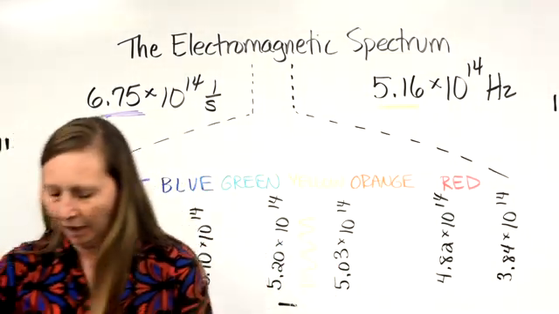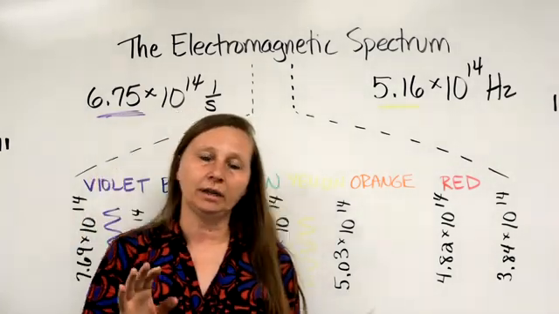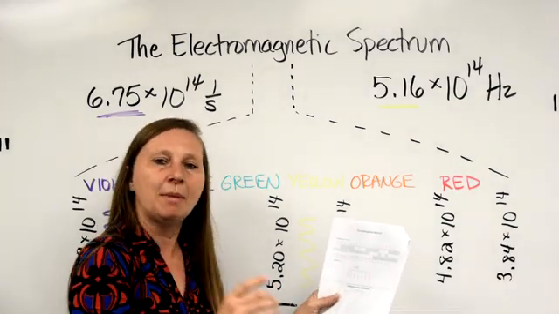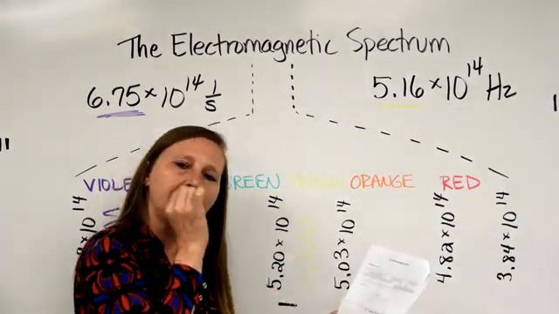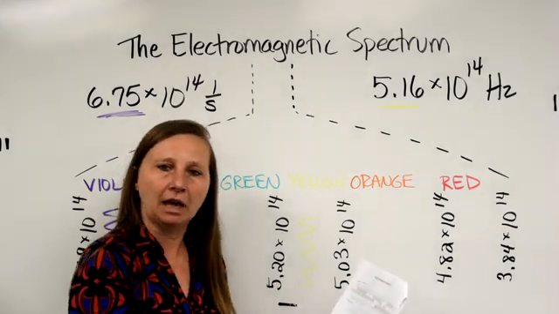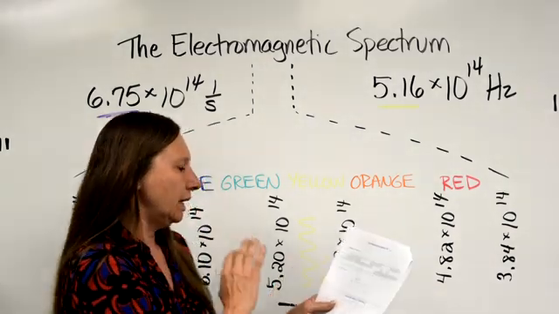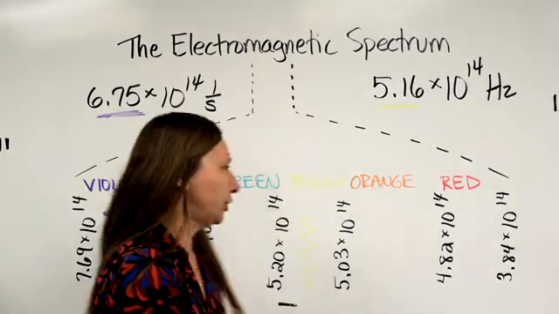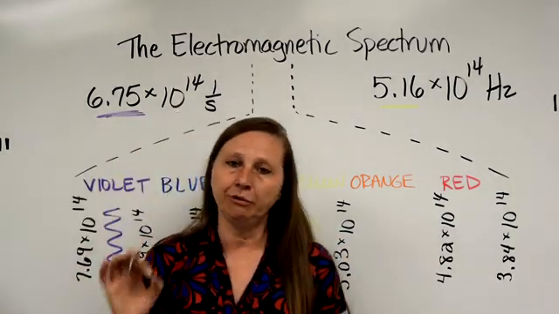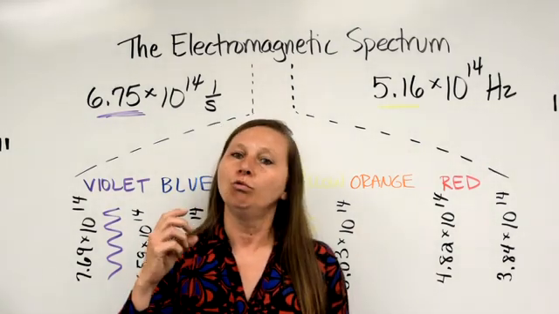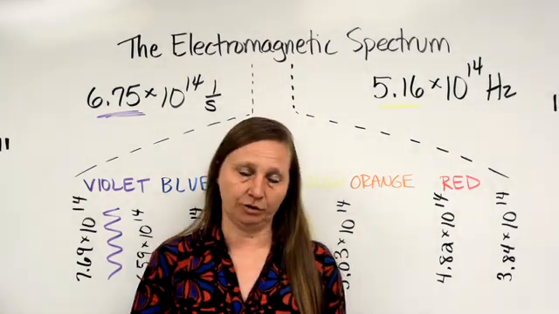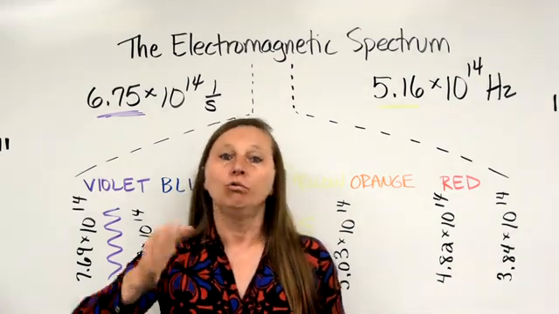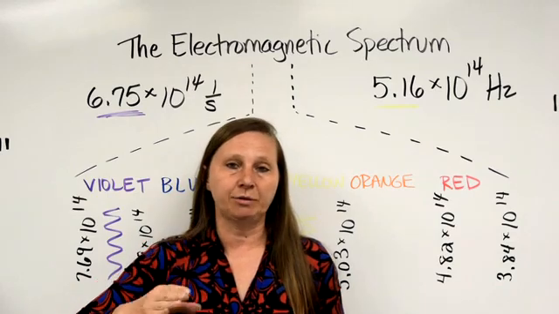Now, again, just a quick little summary. The name of the chart is the electromagnetic spectrum. Everything on this chart is a type of light. All right, so gamma, X-rays, ultraviolet, visible, that's all the colors. Infrared, microwaves, radio waves, television waves are all types of light. Again, radio waves are types of light.